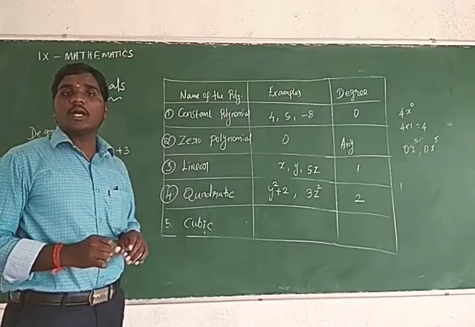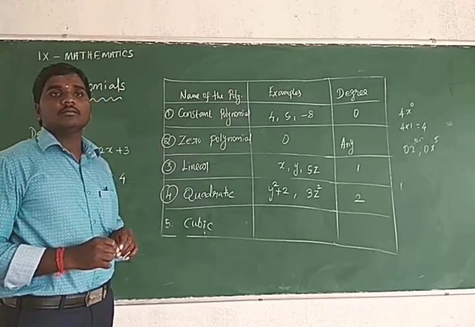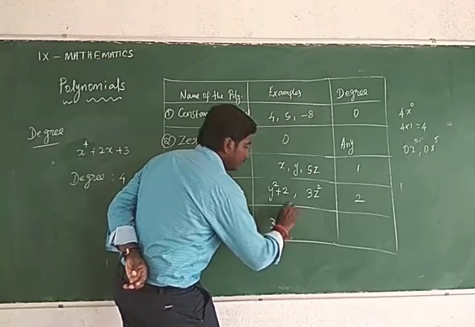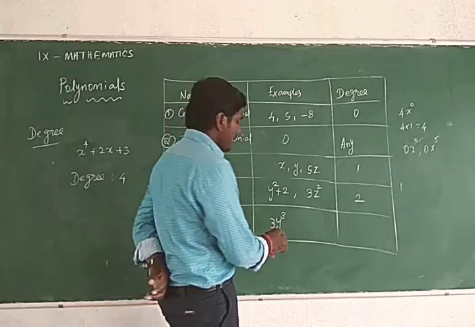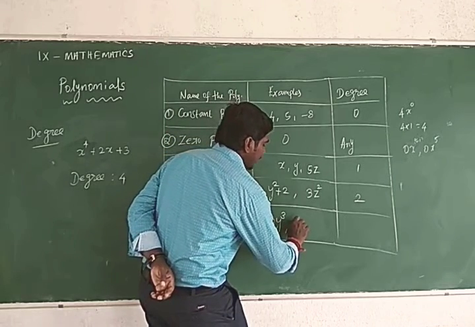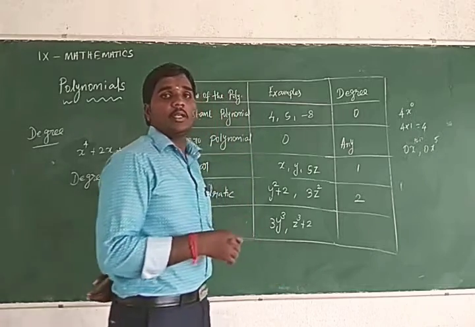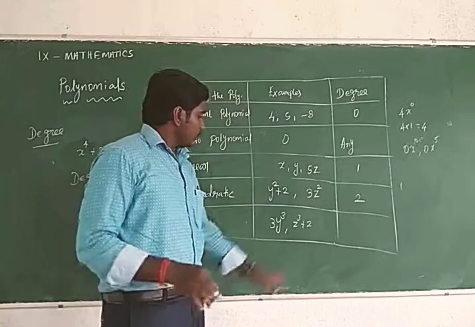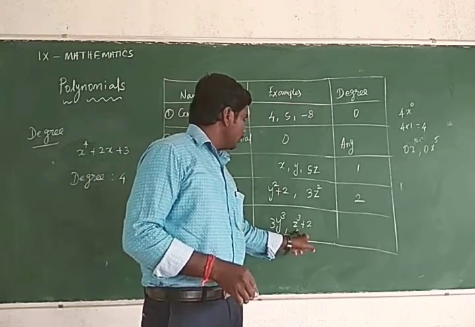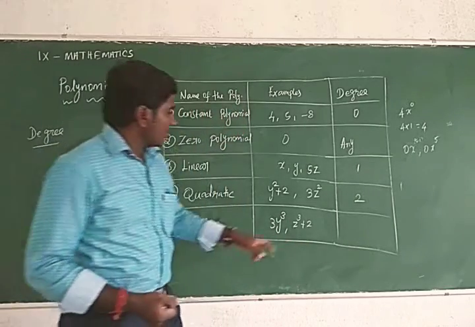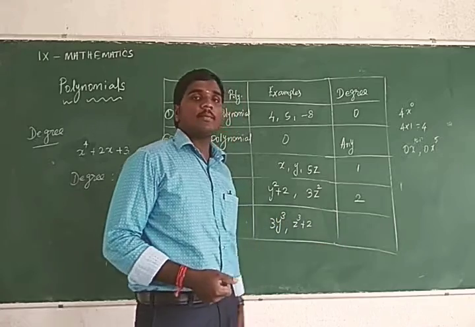The next one, cubic polynomial: 3y cube is one polynomial, z cube plus 2 is another polynomial.